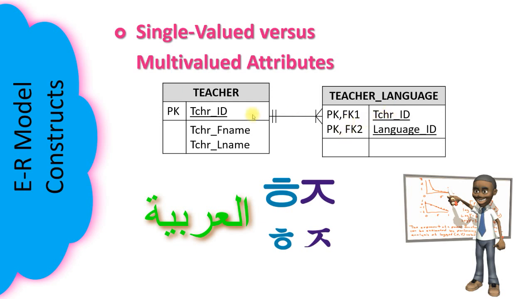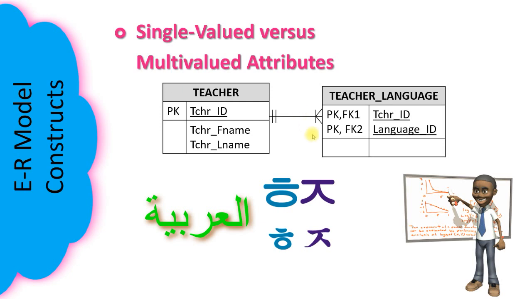And remember, between teacher and teacher language, the original entity type and the new entity type must have a relationship, either a one-to-many relationship or a many-to-many relationship. That will be explained to you later on.